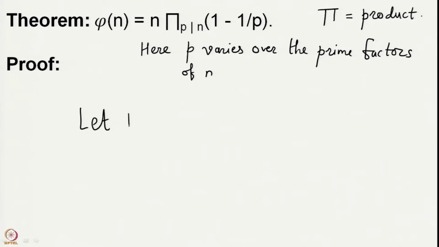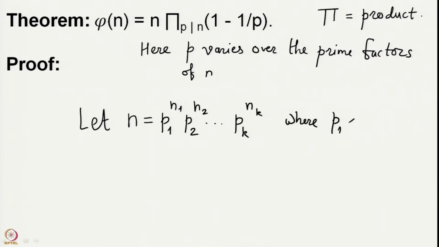Suppose we have n to be p1 power n1, p2 power n2, up to pk power nk, where we have, let us say, p1 less than p2 all the way less than pk, just to say that we are looking at distinct primes here.